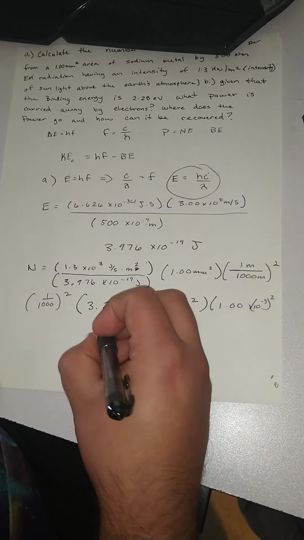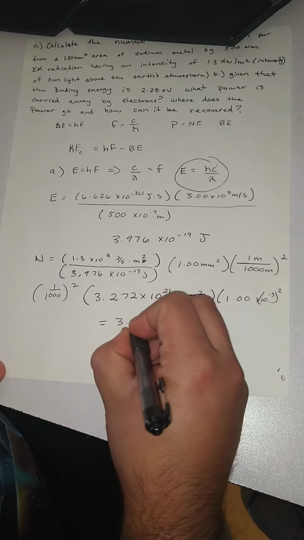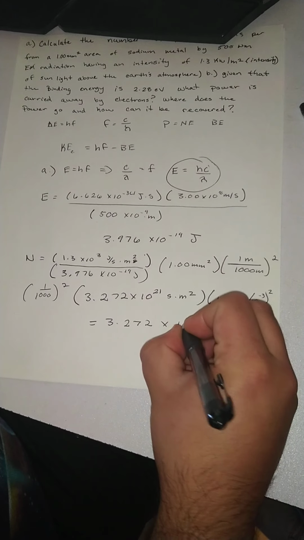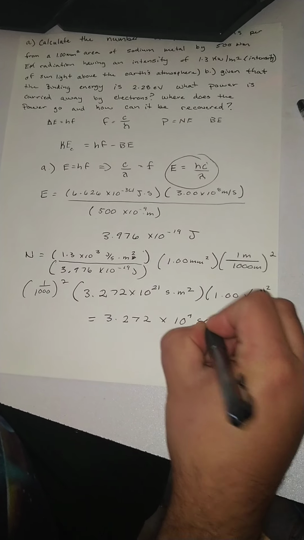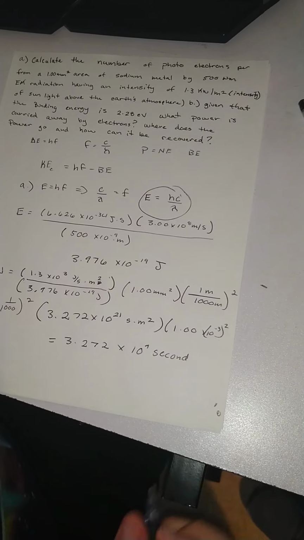You're going to get a lot of seconds. So when we do the appropriate unit conversions, you're going to get 3.272 times 10 to the 9th seconds. That's a long time.